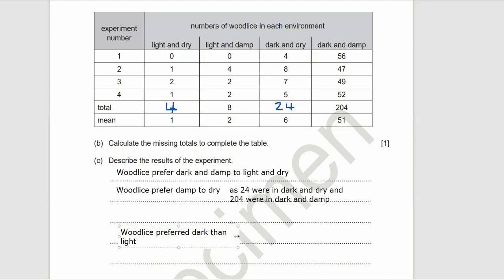Well, only 4 in light and dry, but 24 in dark and dry. So it was important there that we keep the dry the same because we just want to compare the dark to the light. And you can see there's a lot more preferring the dark, even when the conditions of dry and dampness are the same. Lovely. And that will get you all of your marks.